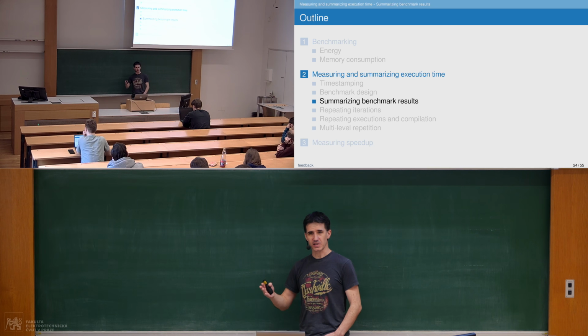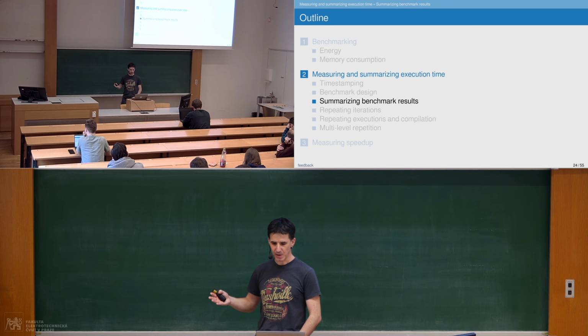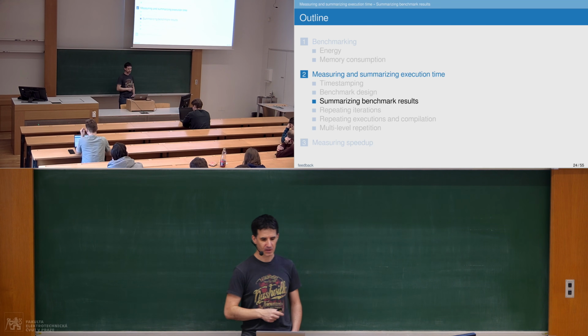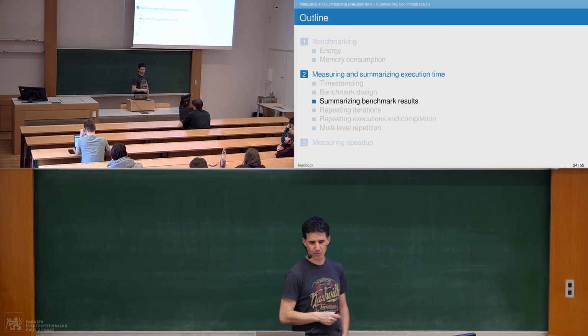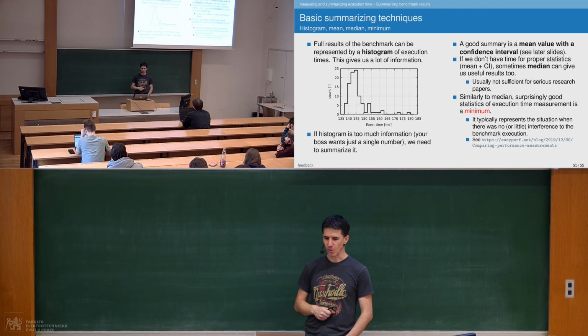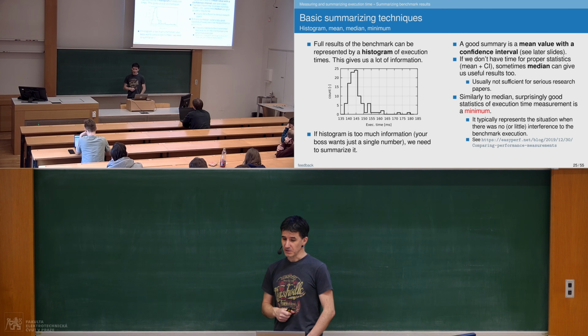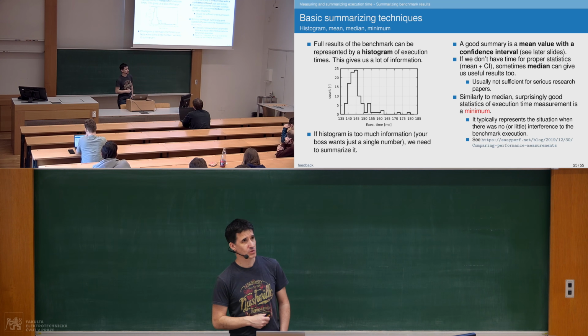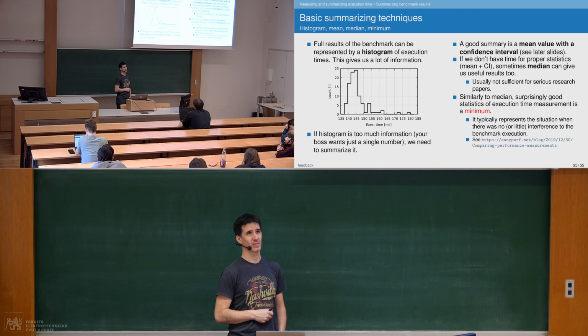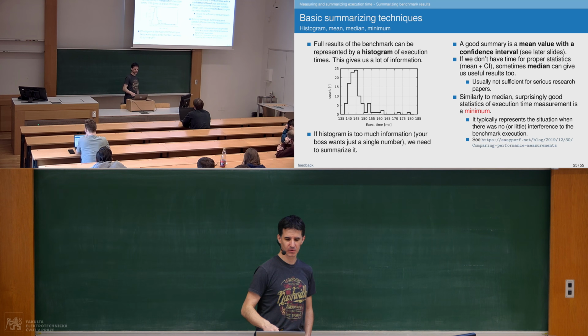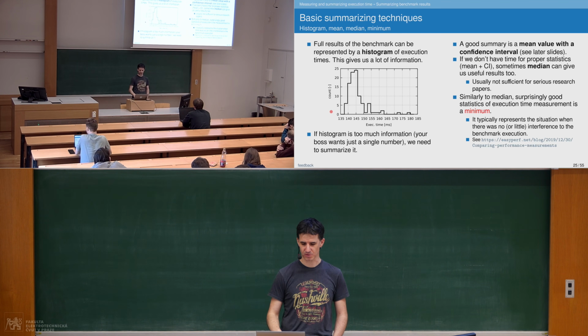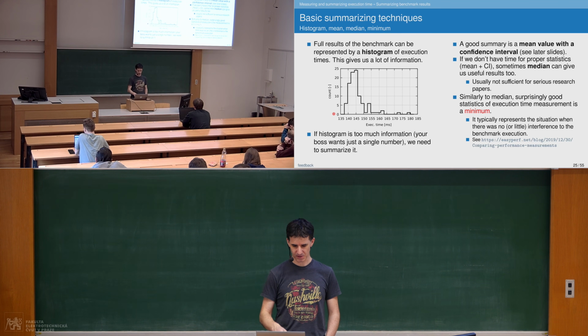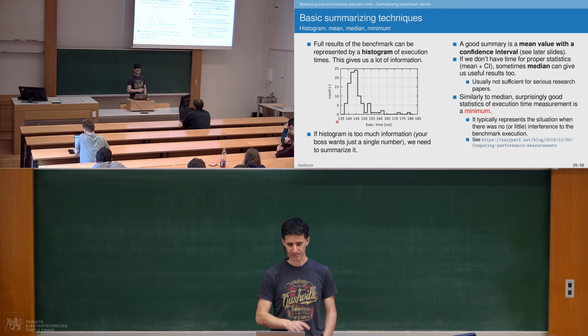Let's say you have some benchmarks, you measure some execution time or whatever, and you want to summarize the results. So what can you do? The easiest thing, and perhaps the most informative thing, is to draw a histogram of what you measure. So here, this is some execution time.